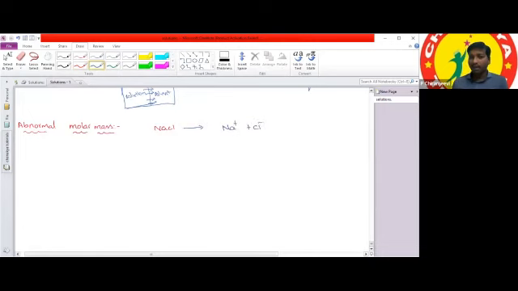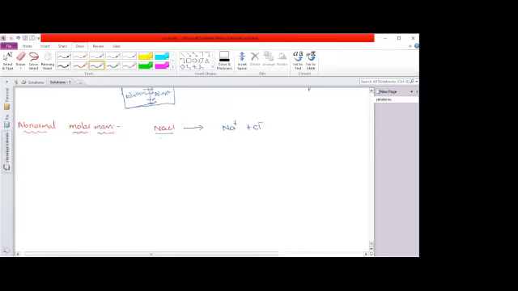Okay. So in this one, what is the molar mass of the NaCl first of all? 58.5 grams.